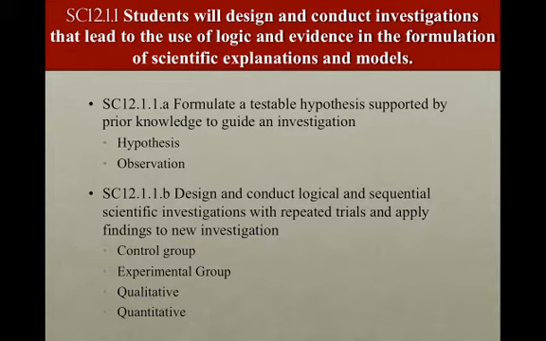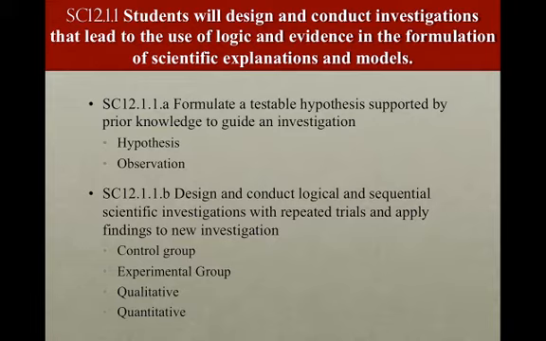B, design and collect logical and sequential scientific investigations with repeated trials and apply findings to new investigations. Important there, repeated trials. You don't want to just do one trial in case your instrumentation is off or you do something wrong. You want to do repeated trials to decrease the chance of error, and then you usually take the average of them.